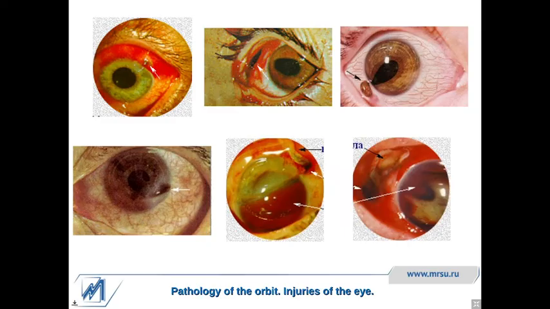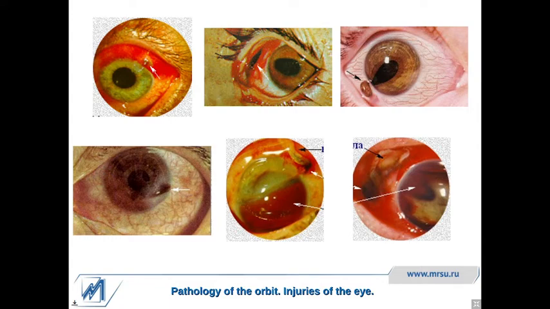Here we see on the first upper line, the first picture, a penetrating wound of the sclera. On the second, there is a wide opening wound in the sclera, and in this wound we see the choroid.